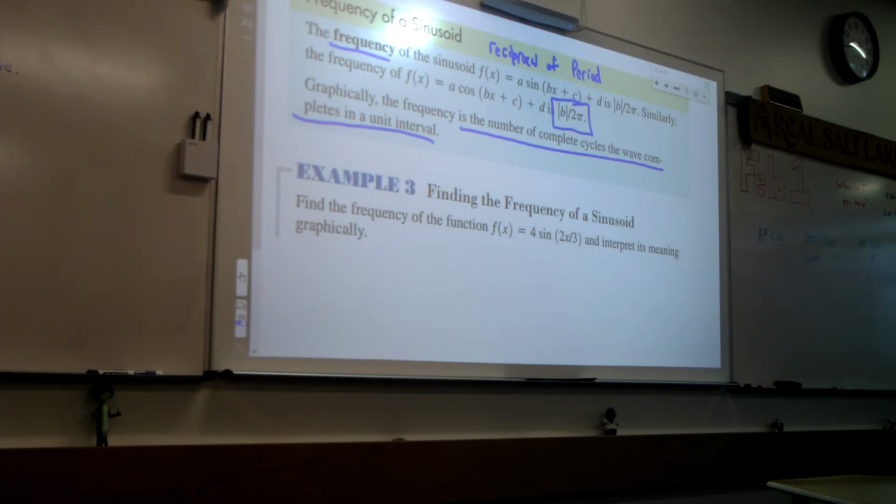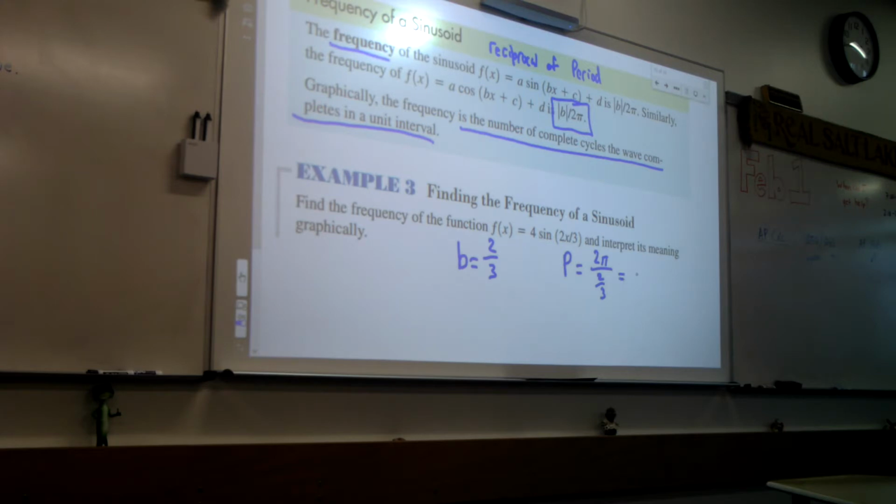So if I'm looking at this graph down here at example 3, what am I multiplying by on the inside? Usually it's just a plain old x. What do we have here? So b is 2/3. Now if we were doing period, period is 2 pi over 2/3.